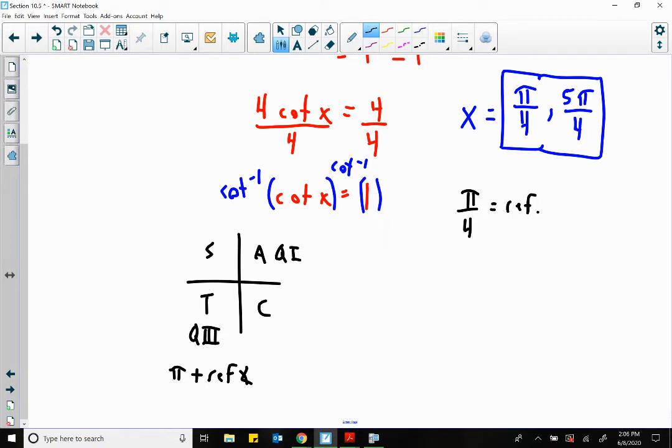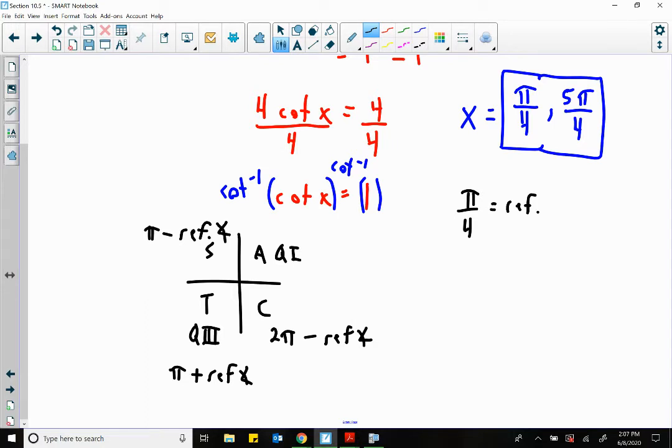If you're looking for quadrant 4, you would take 360 degrees or 2 pi minus the reference angle. And if you want quadrant 2, you would take pi minus the reference angle.